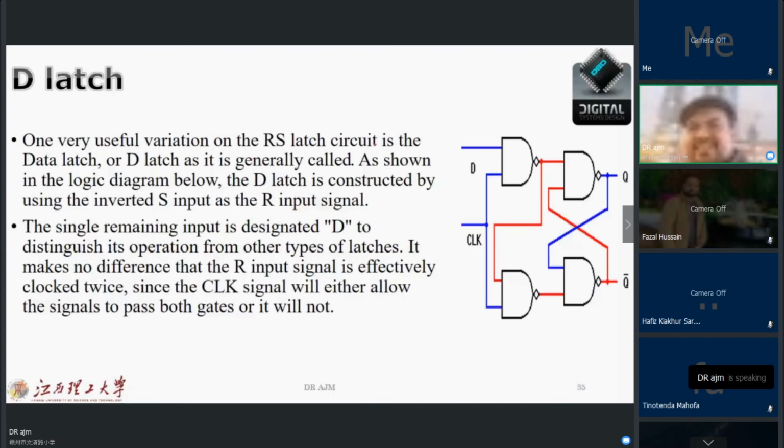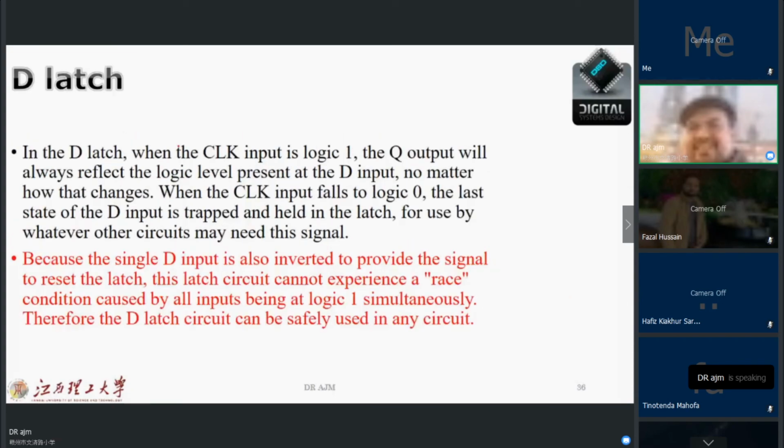In the D latch, when the clock input is logic 1, the Q output will always reflect the logic level present at the D input, no matter how that changes. When the clock input falls to logic 0, the last state of the D input is trapped and held in the latch for use by whatever other circuits may need this signal.